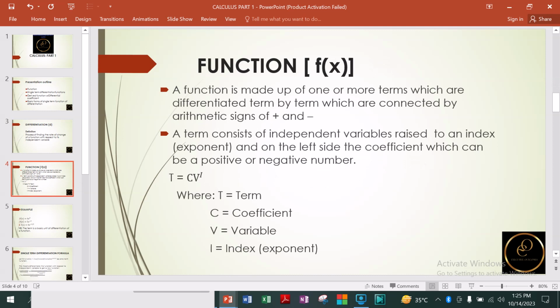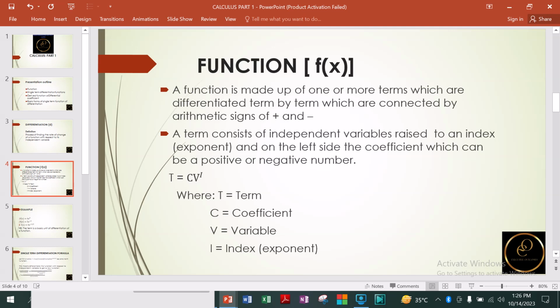We start looking at what a function is. A function is made up of a composition of one or more terms which are differentiated term by term, which are connected by arithmetic signs of positive or negative. So that's what a function is.